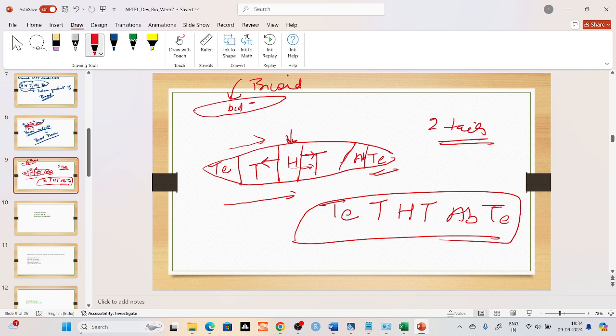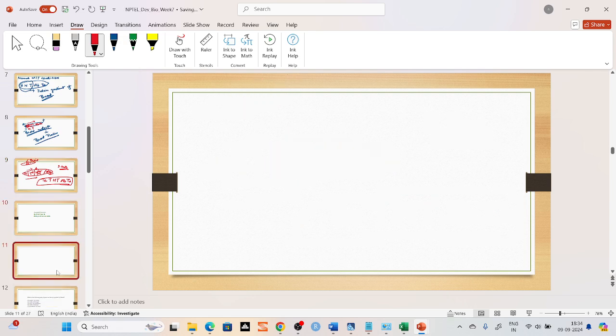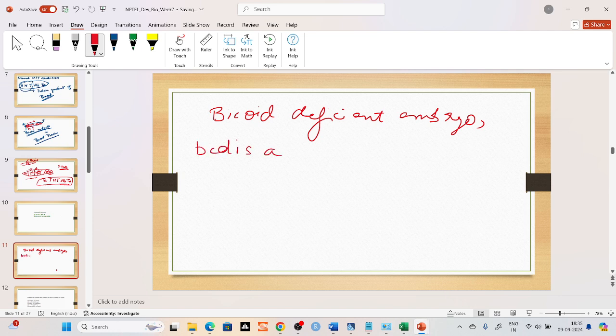Okay. Now I'll give you a condition. I will give you two questions. First, what will happen if in a bicoid deficient embryo, bicoid is added at the anterior end, simple.